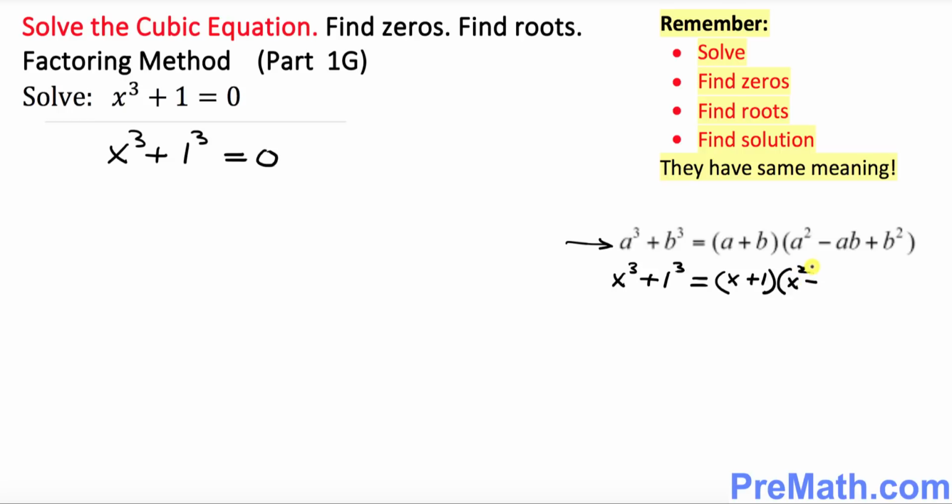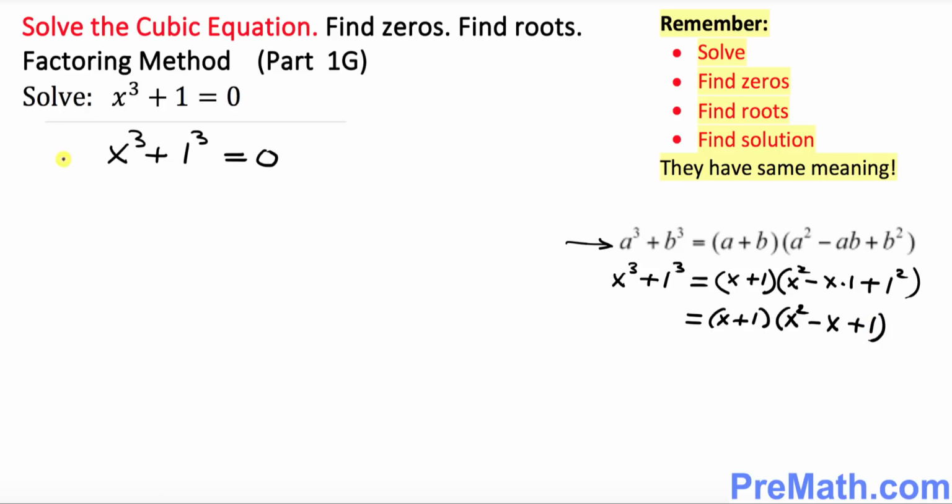minus a times b, x times 1, plus b squared, 1 squared. So let's simplify. That's going to be x plus 1 times x squared minus 1 times x, which gives you negative x, plus 1 squared is 1.